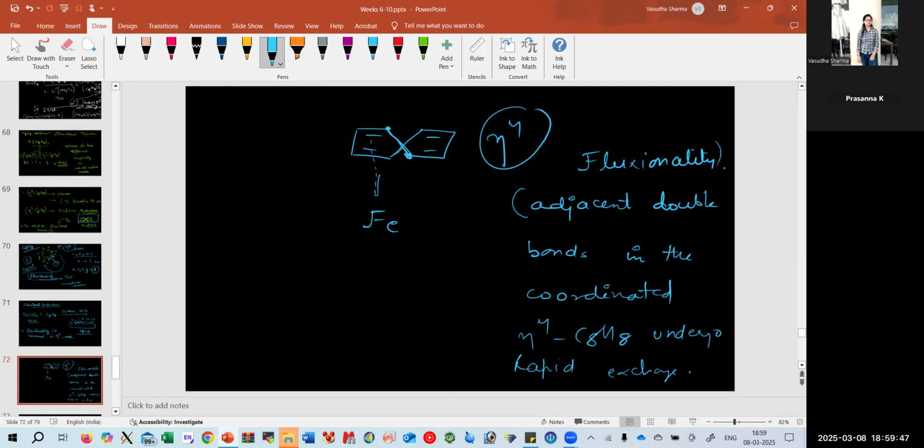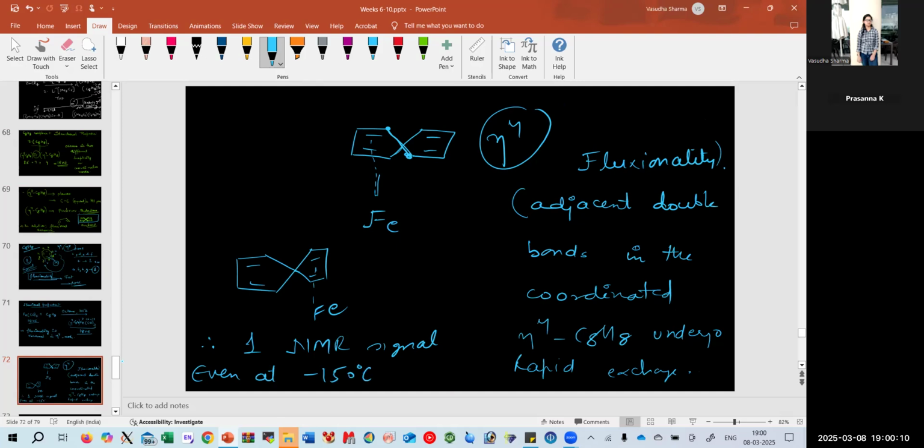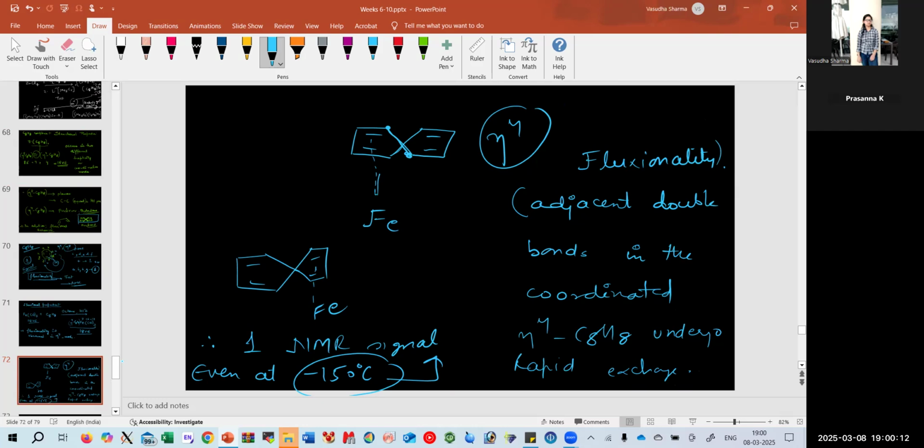So it can work like this way, that now my metal center is coordinating with these 4 centers. Therefore, it would give you only one NMR signal. Even at very, very low temperature, even at minus 150 degrees Celsius, it is giving one NMR signal.